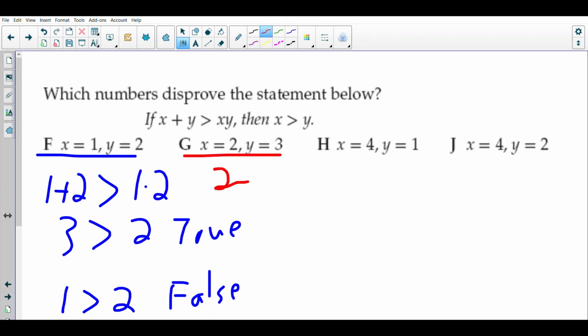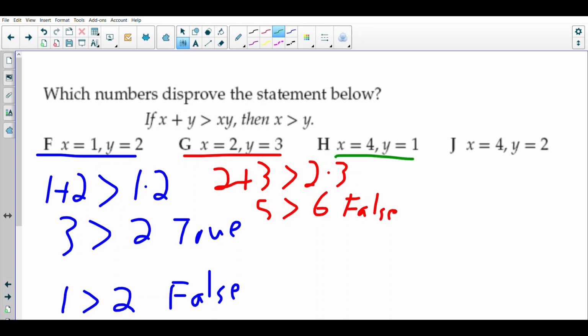Okay, let's double check. So 2 plus 3 is greater than 2 times 3. So 5 is greater than 6. Well, nope, that doesn't work. Okay, no. So that's false. So that one fails right away, because we need the hypothesis to be true. The next one, I'm going to run out of room here, so I'm just doing colors. So we get 4 plus 1 is greater than 4 times 1. So we have 5 is greater than 4, that's true.